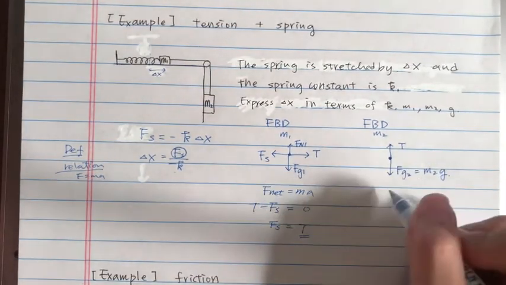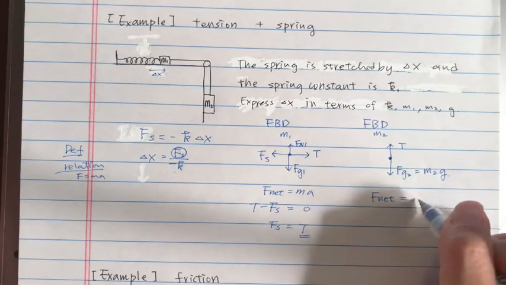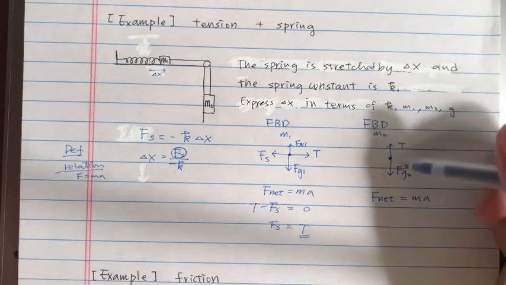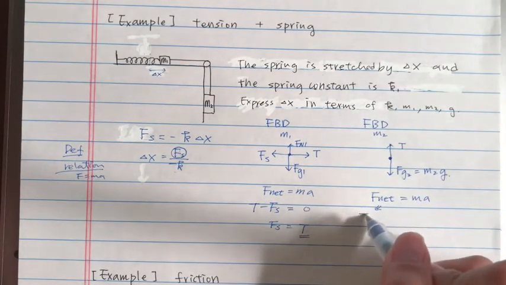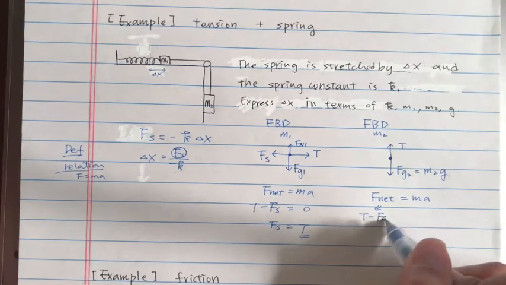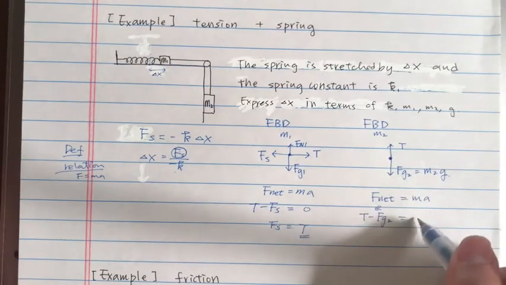All right, so now again, let me analyze F equals ma. In this direction, the net force is T minus Fg2. Since it's not moving, we know the acceleration is 0.